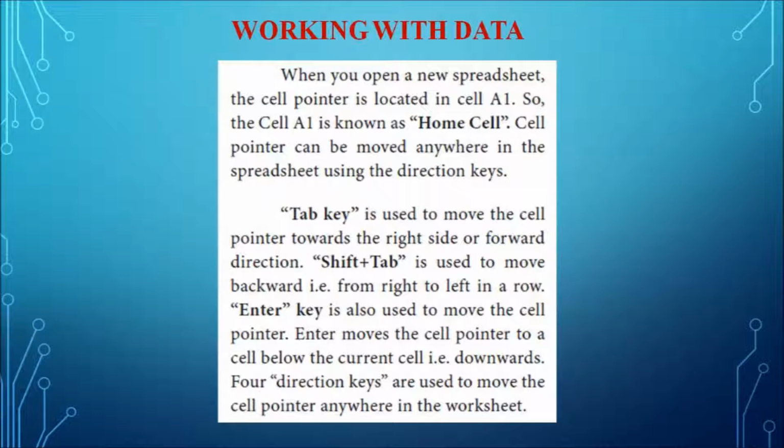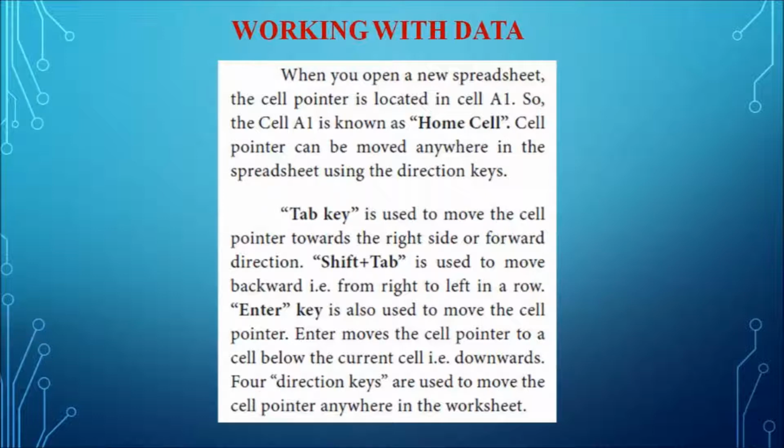Whenever you open a new spreadsheet, the cell pointer, that is the thick rectangular box, will be located in the first cell, that is A1. A is the column name, 1 is the row number. So that is the first cell. The initial cell pointer, the thick rectangular box, is available in that cell.